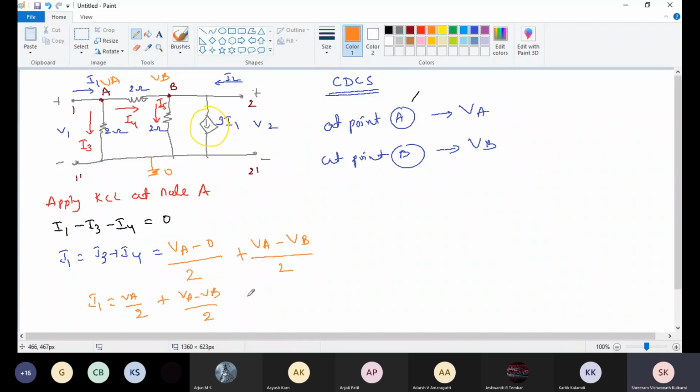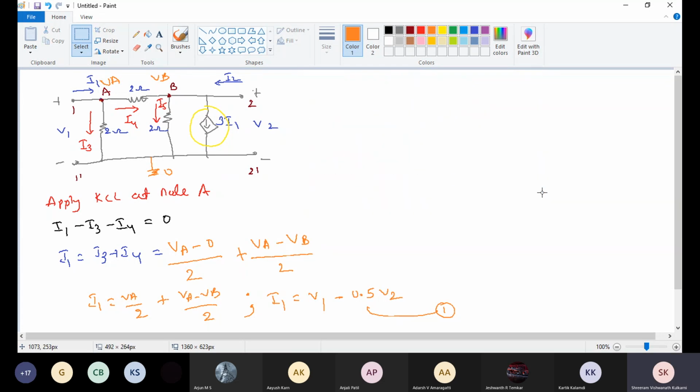I'll get I1 is equal to V1 minus 0.5 V2. I call this equation 1. I'm not doing anything extra here. I'm just applying KCL and finding the branch currents.